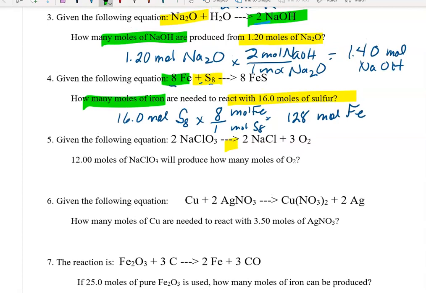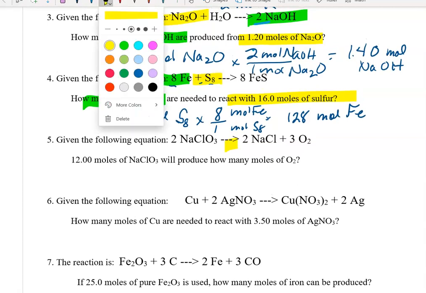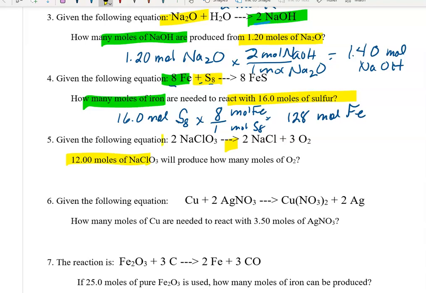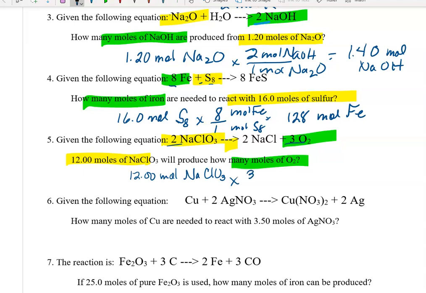The next one, again, our known amount is 12 moles of sodium chlorate. Our unknown that we're solving for is moles of oxygen. So we start with 12.00 moles of NaClO3. My ratio is 3 unknown over 2 known.